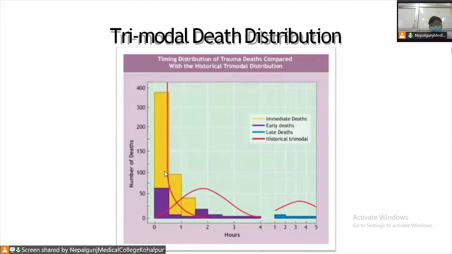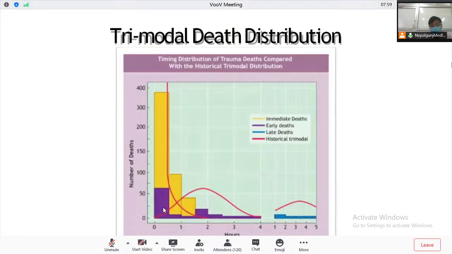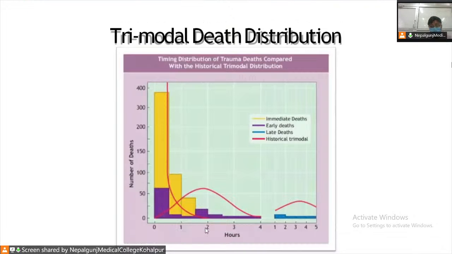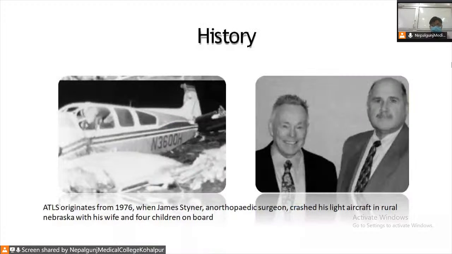Because patients cannot come immediately, it may take time. In this first hour, in most cases we cannot treat, so they almost die. But in early hours, the death can be prevented. So we focus on patients with early hour death. If treated adequately, this group of patients can also be treated.